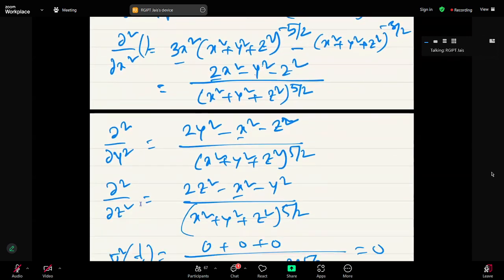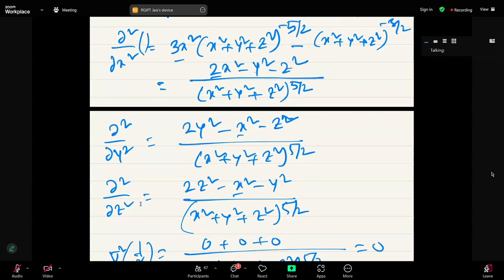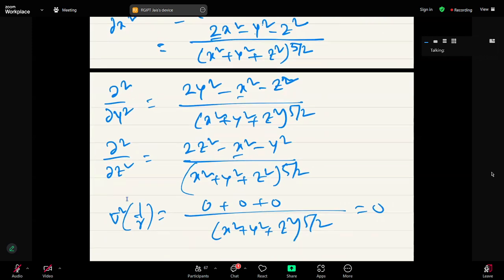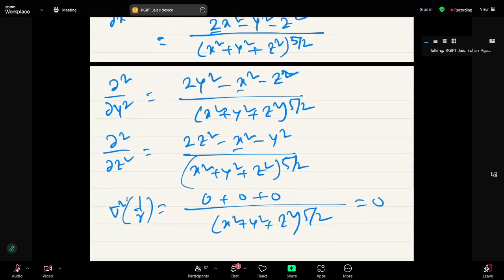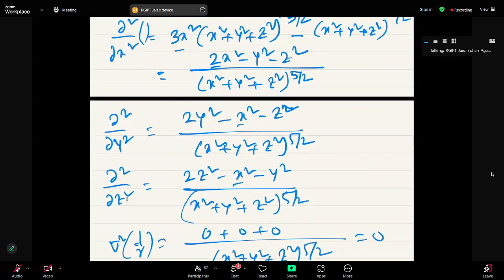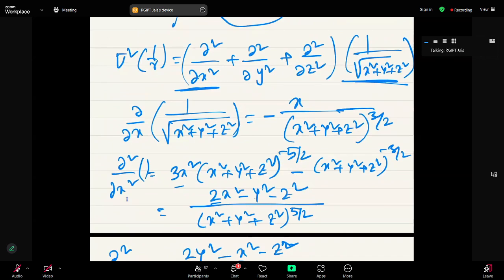Is it correct or did we make some mistake somewhere? I think the second derivative went wrong. Which one is wrong?